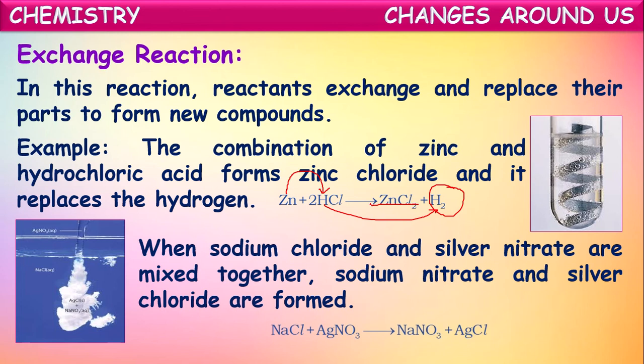The equation regarding this reaction can be represented like this. So initially taken substances are sodium chloride and silver nitrate. So finally what is happening? These two substances are exchanging their parts. This Cl will react with this Ag and this NO3 reacts with this sodium. In that way they are exchanging their parts and finally forming new substances. That is why this reaction is said to be an exchange reaction.